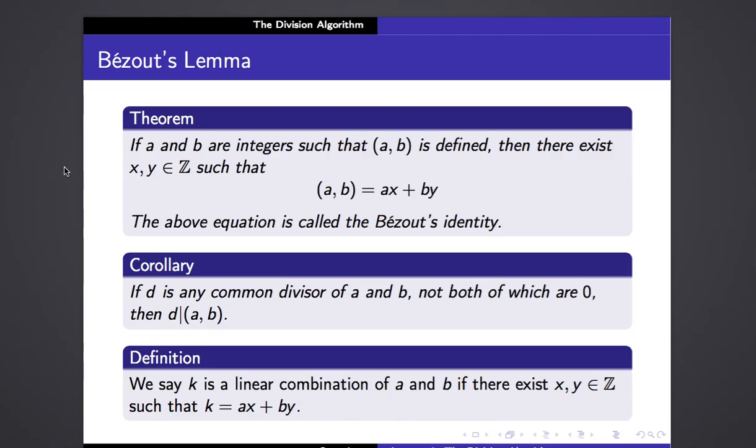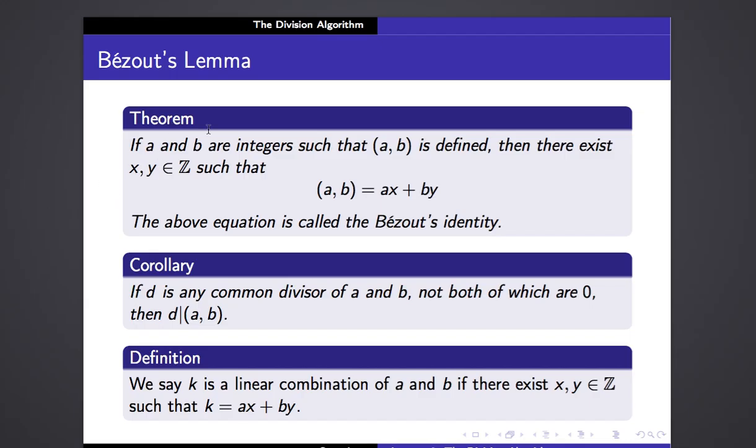So here comes something called Bézout's lemma. This is named after a French mathematician, Bézout. Here's the theorem. I called it a theorem, but it is called Bézout's lemma. Maybe I should have said lemma, but anyway.